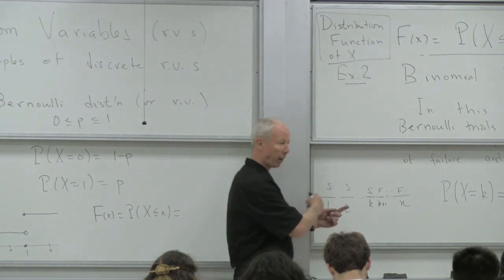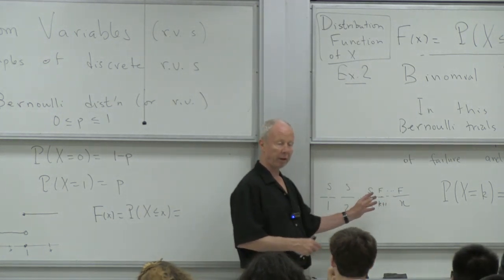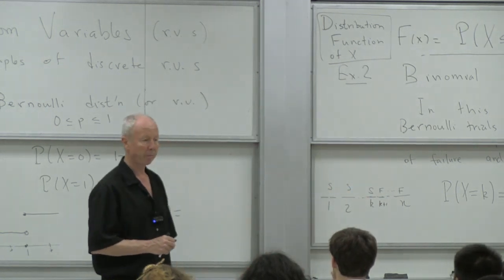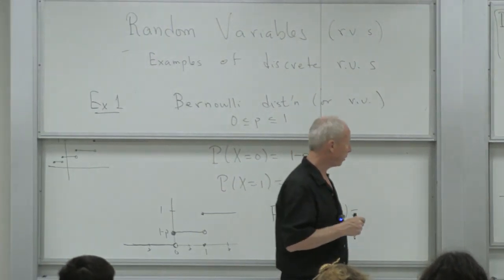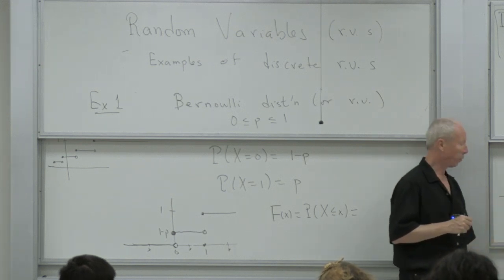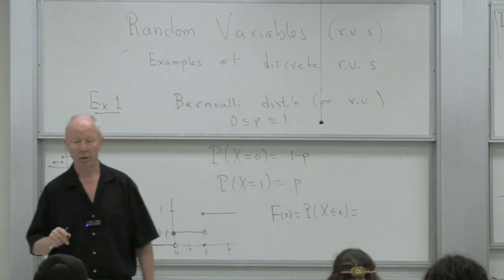Okay. Now, does it matter that they occurred consecutively? What if I take this same number of S's and F's and distribute them in a different way? What would the probability of that sequence be? The same, right? So all the sequences with k S's and n minus k F's have probability p to the k, 1 minus p to the n minus k.